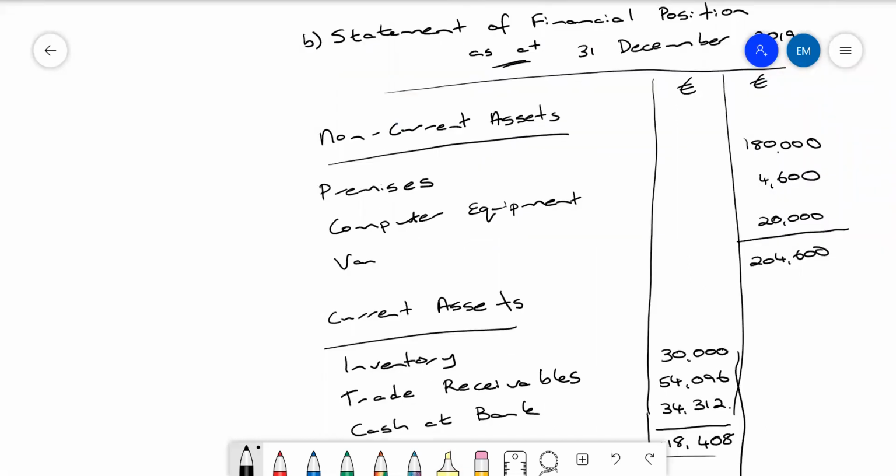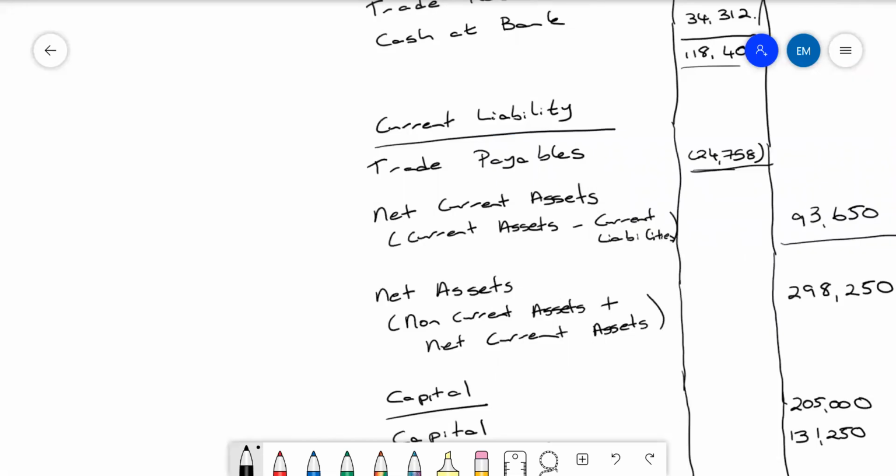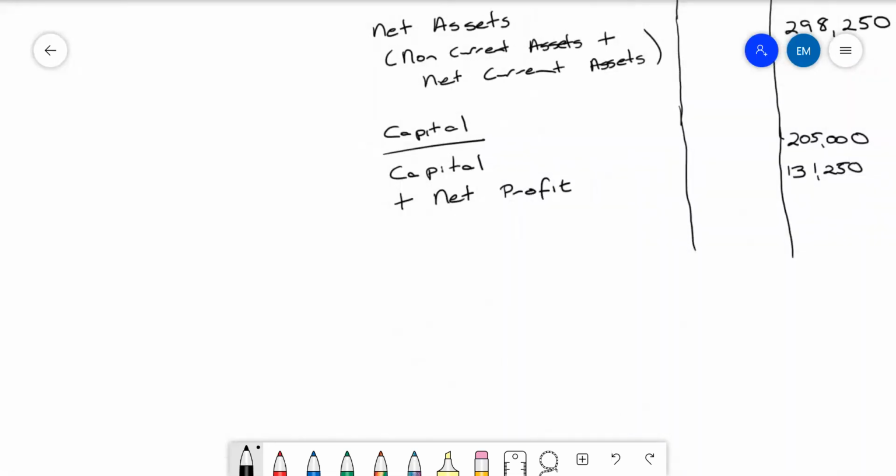And the last figure that we have to enter into the capital section is we take away our drawings. So we've seen during the double entry transactions, capital is an injection of money into the business, and drawings is taking money out of the business for our own personal use.